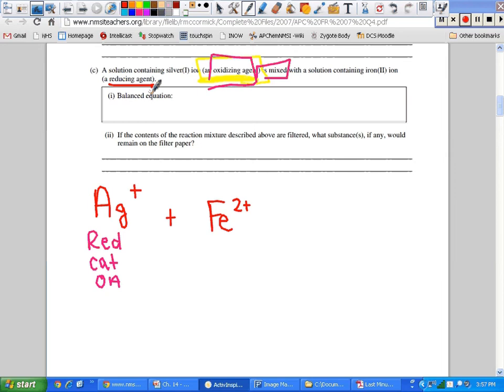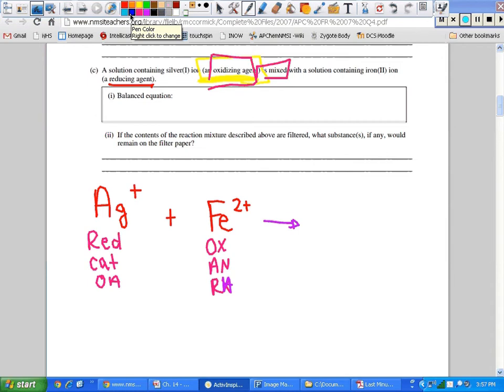So we know that silver is fixing to be reduced. When it's reduced, what happens to the charge? It goes to 0. So what are you going to form? Silver solid. You're going to form that neutral silver piece of metal.